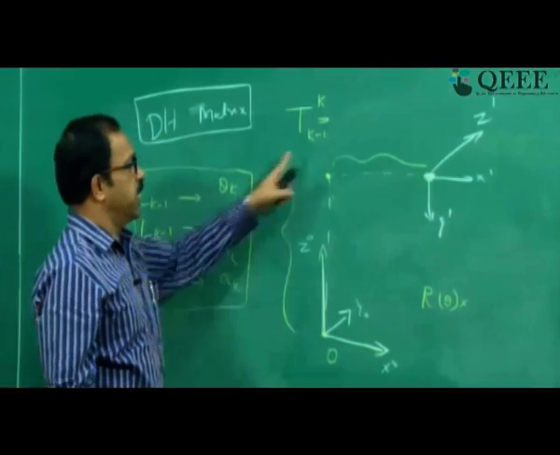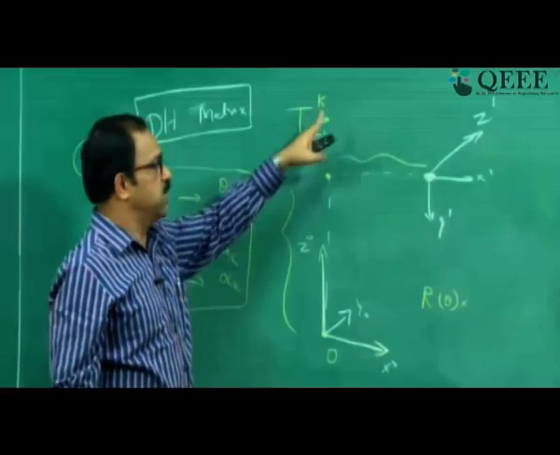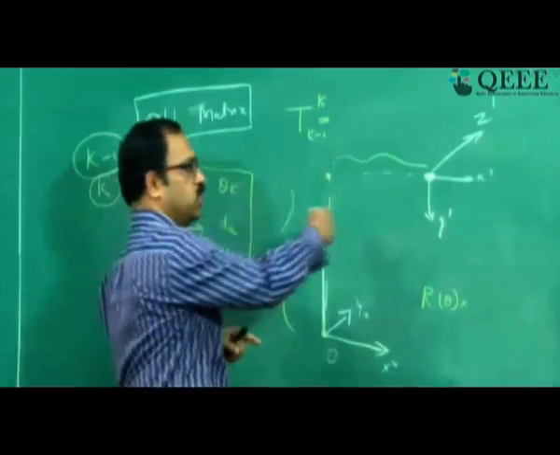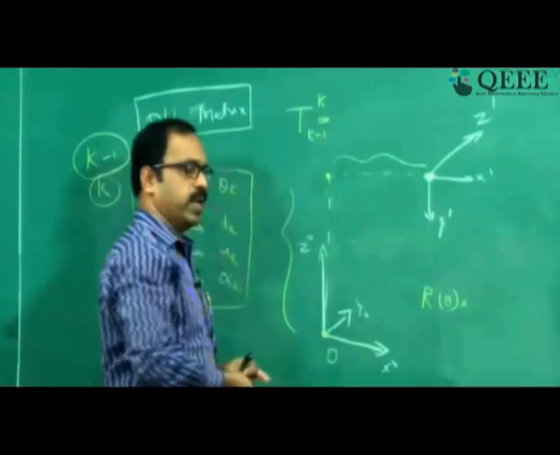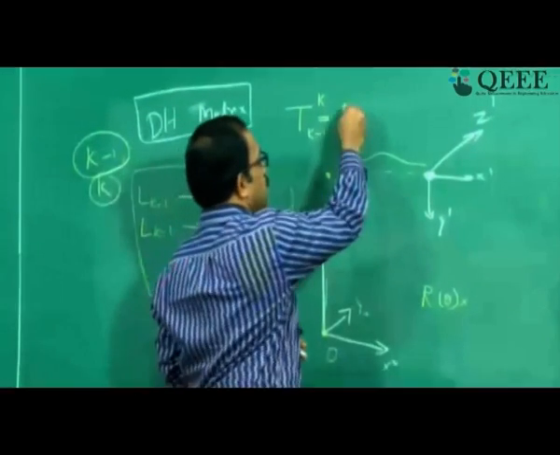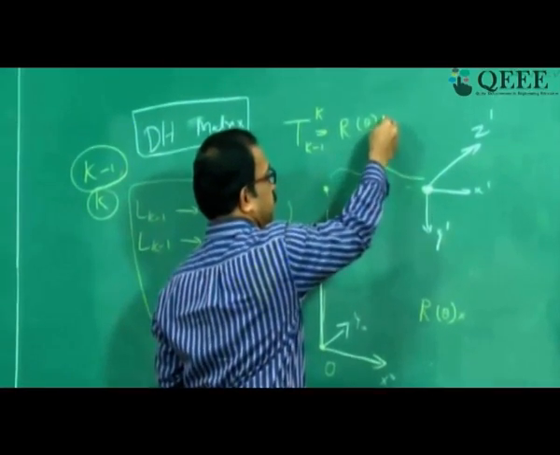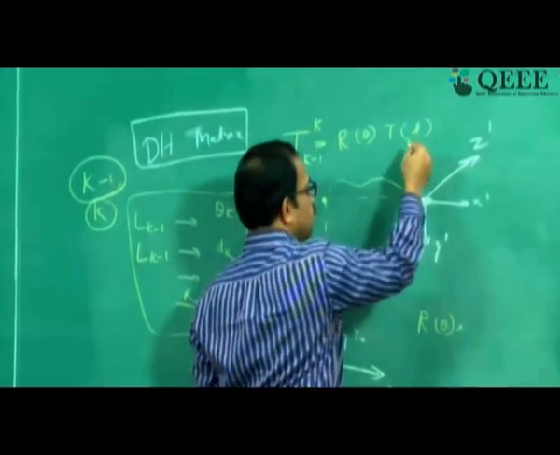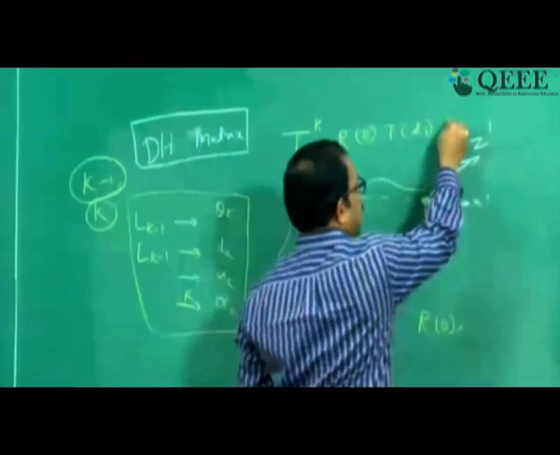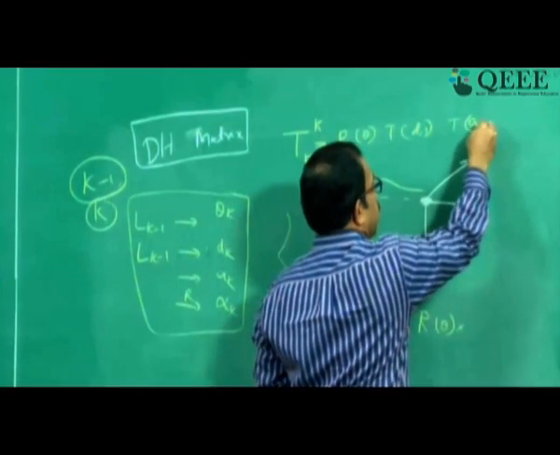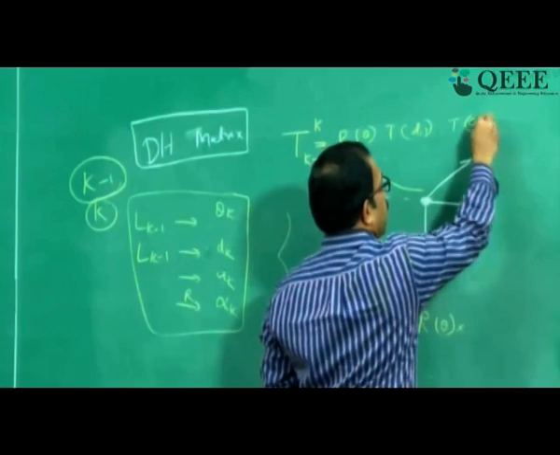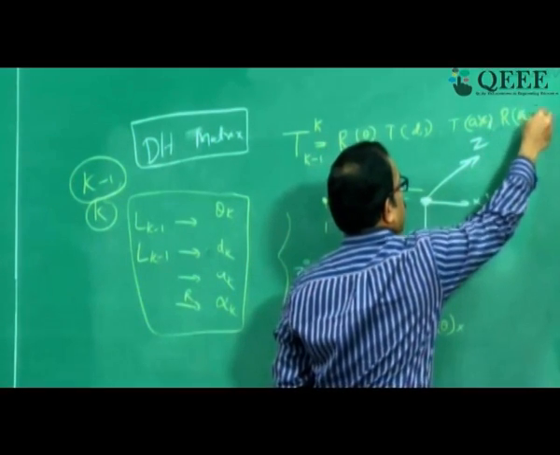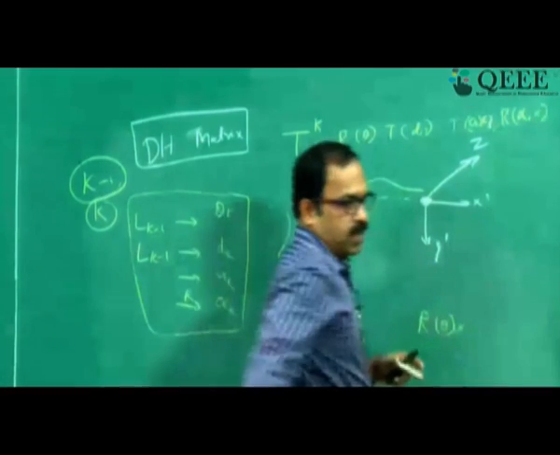So we can write this k to k minus 1, that is the mapping of the kth frame to the k minus 1 frame, as a rotation matrix R theta multiplied by a translation matrix d with respect to z, and then a translation a with respect to x, and a rotation alpha with respect to x.